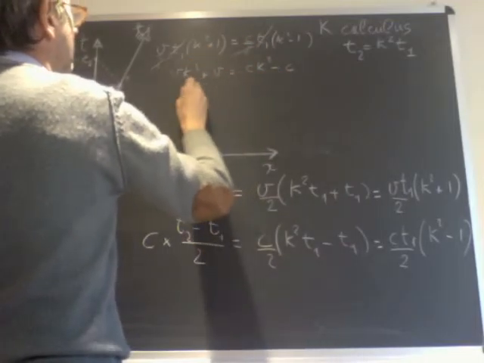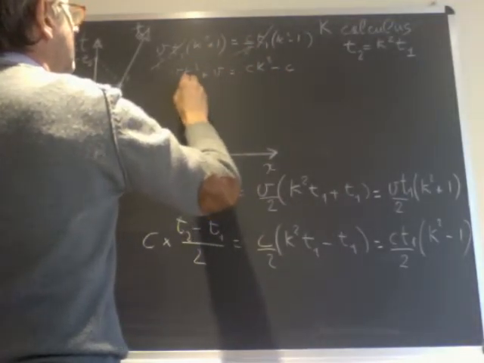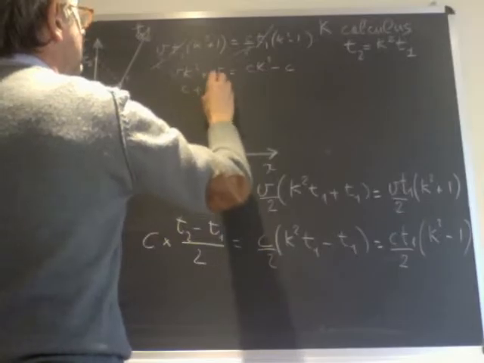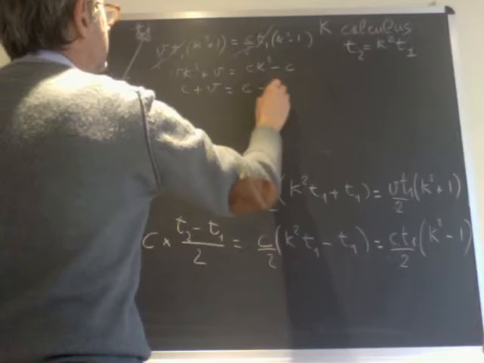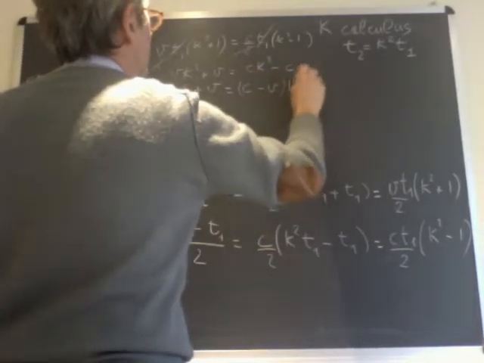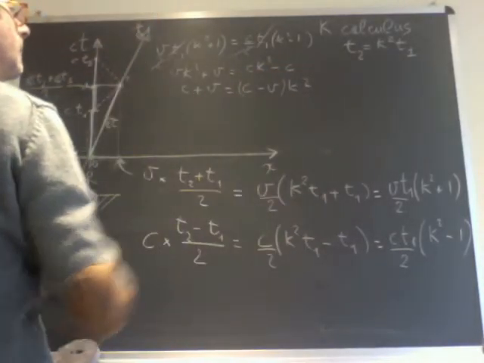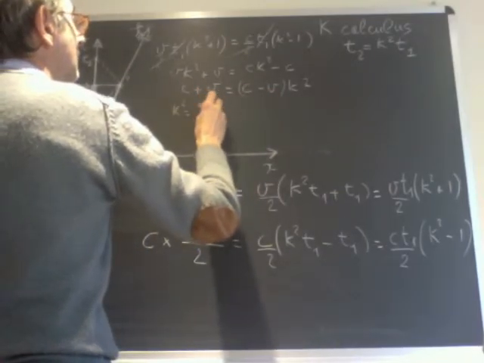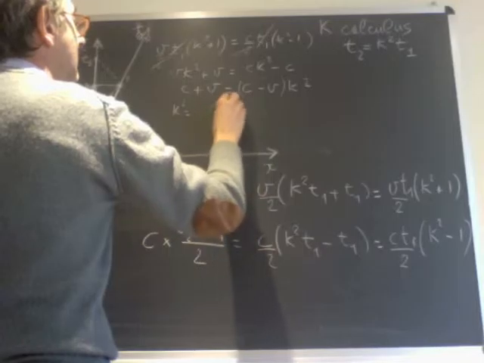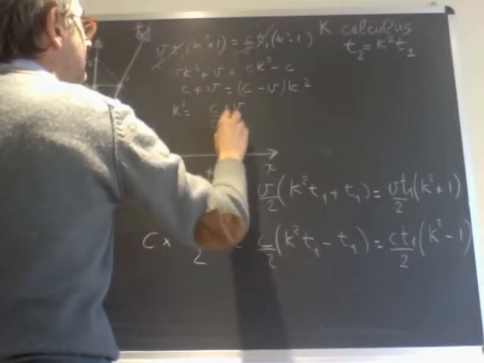So I've got that c plus v equals c minus v times k squared. And so k squared is equal to what? Is equal to c plus v over c minus v.